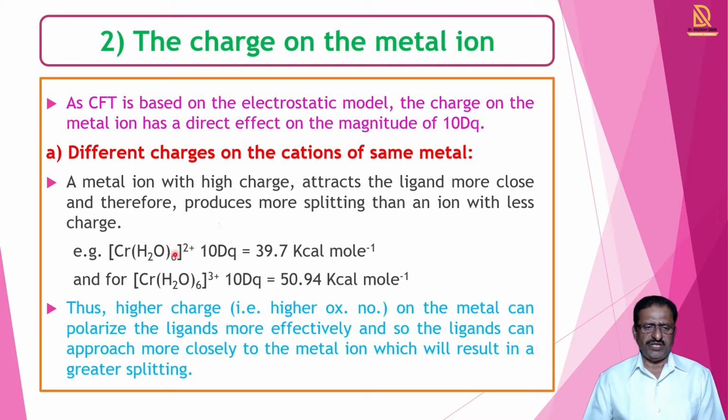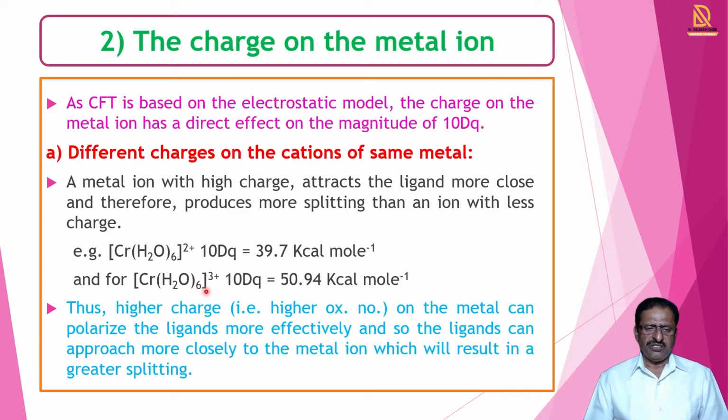In this case we take the example of Cr(H2O)6 2 plus. It shows a 10Dq value of 39.7 kilocalories per mole. And for Cr(H2O)6 3 plus, the 10Dq value is 50.94 kilocalories per mole. In both complexes, the metal is the same and the ligand is the same.